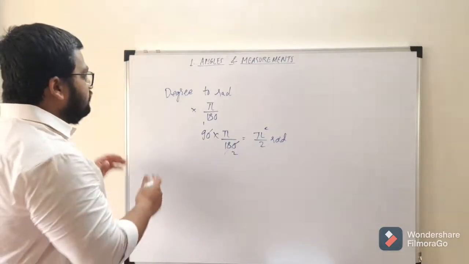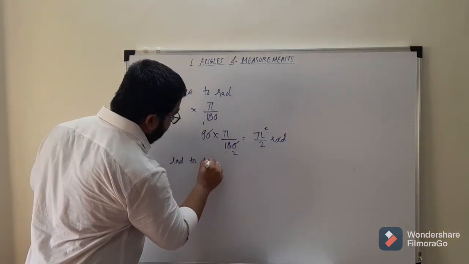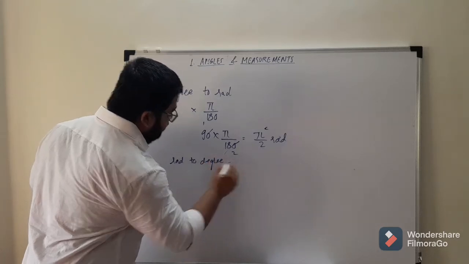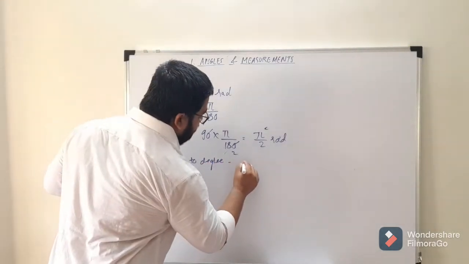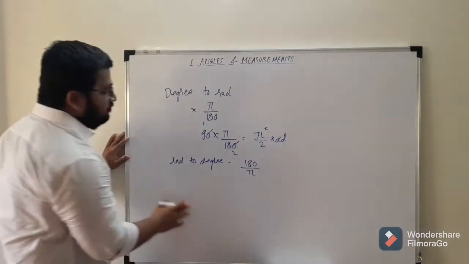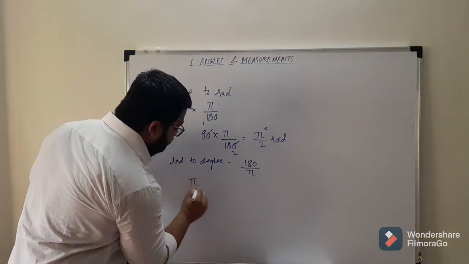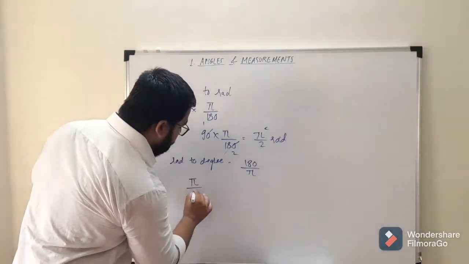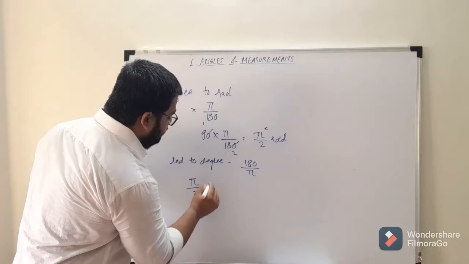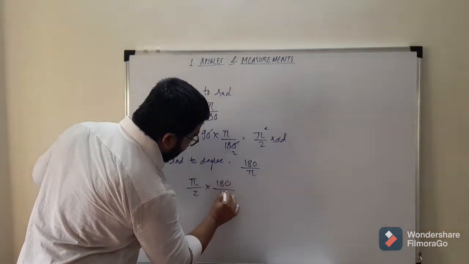In the same way, if we have to go from radians to degrees, what we'll do? We'll multiply by 180 by pi. Suppose again we have the same example. If we have to convert this pi by 2 radians into degrees, we'll multiply by 180 upon pi.